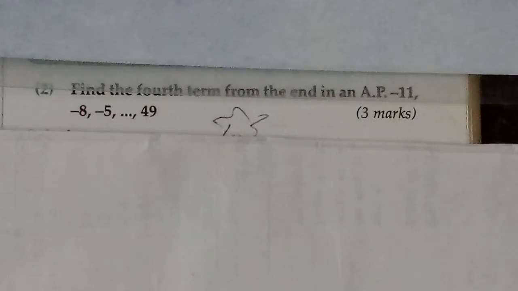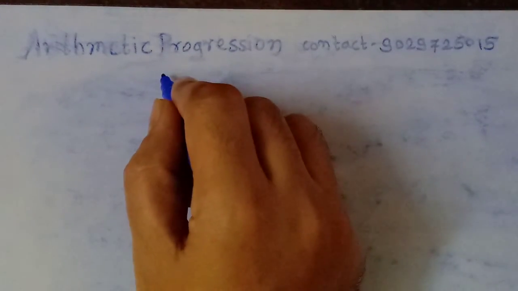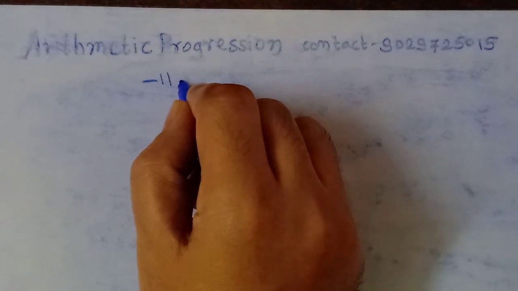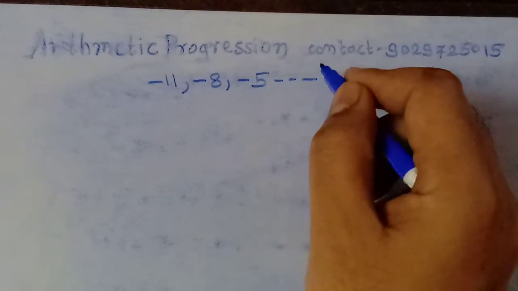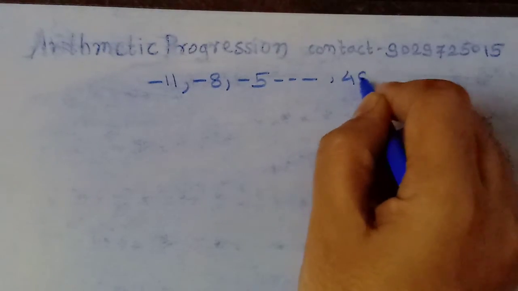Okay, the next question is: find the fourth term from the end in an AP, minus 11, minus 8, minus 5, dot dot dot, 49. Reverse means we take 49 first. Now see, the given AP is minus 11, minus 8, minus 5, dot dot dot, the last number is 49.